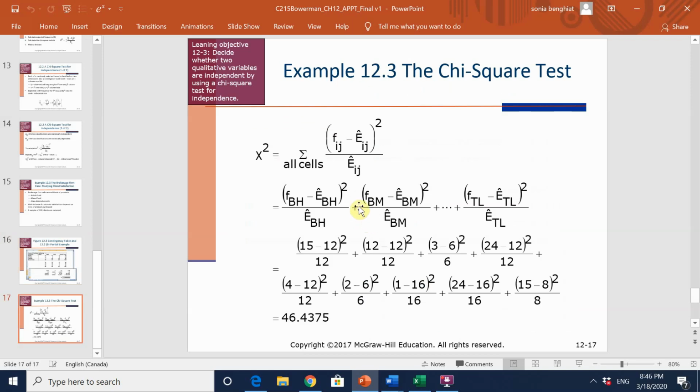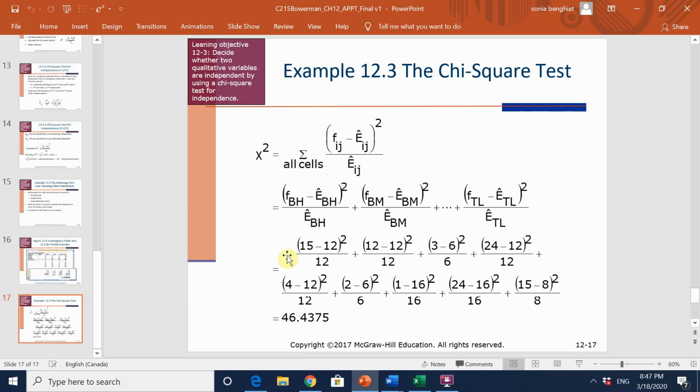Okay, so here we are where we see how this test statistic is actually computed. Essentially, we can see how we take the chi-square values for each cell, right? So in this case, I've got 9 cells. So this expression would be repeated 9 times, and I would sum them up.